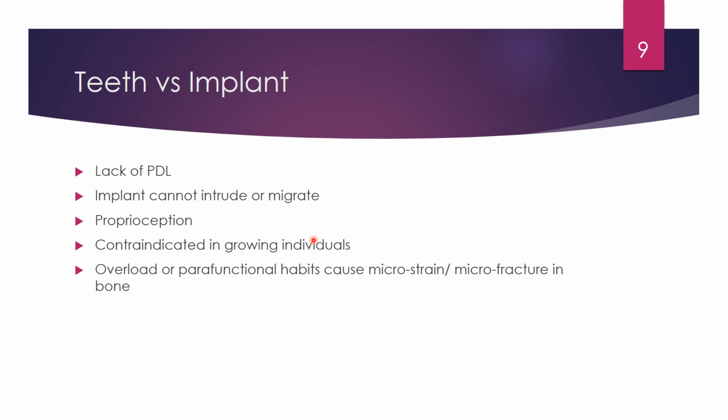So it is really not indicated till a person reaches the growth spurt. Another difference is the overload or parafunctional habit, which causes microstrain or microfracture in the bone. So overloading the surfaces or any parafunctional habits, such as teeth grinding, can cause microfractures in the bone surface.